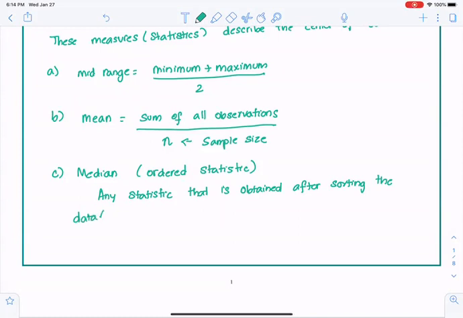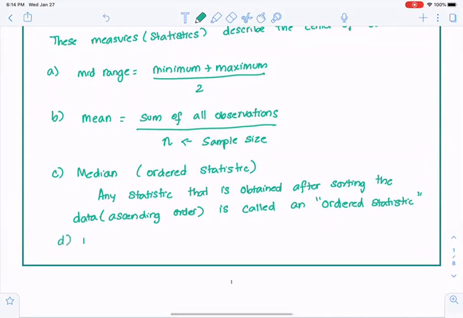In other words, we've got to put the data in ascending order, and then we find the median. So in order to find the median, the very first step is to put the data in order. Any statistic obtained after sorting the data is called an ordered statistic. I will explain how to find the median.